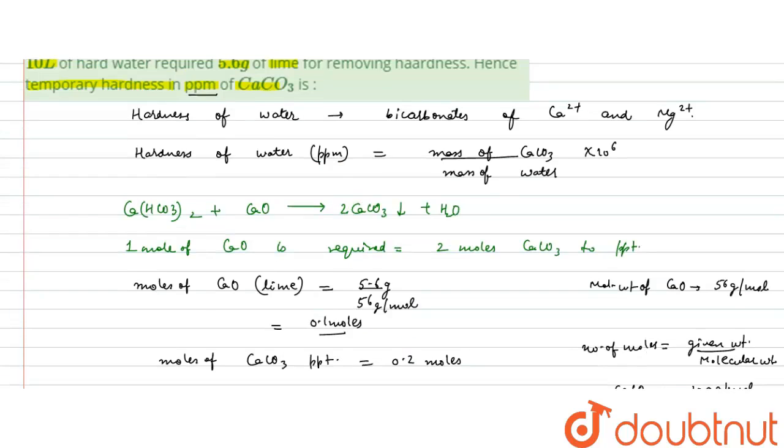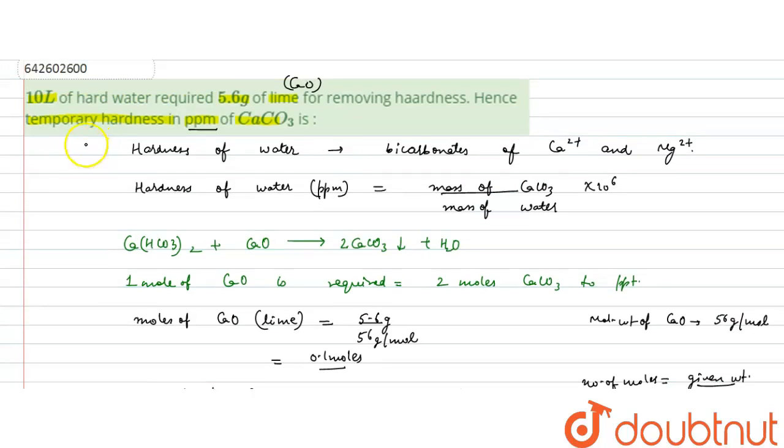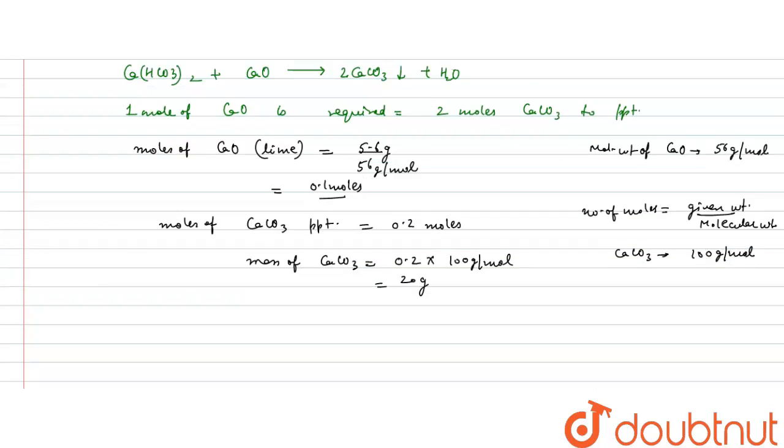Now to calculate the hardness, we have the mass of calcium carbonate, but we have to calculate the mass of water. As the volume of the hard water is given and we know the density of water is 1 gram per ml, we can calculate the mass of water. As density is equal to mass by volume, we have to calculate mass, so we multiply density by volume.